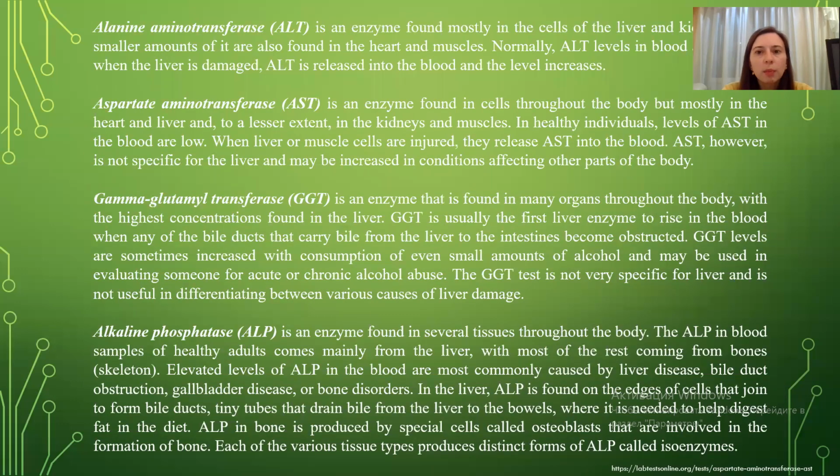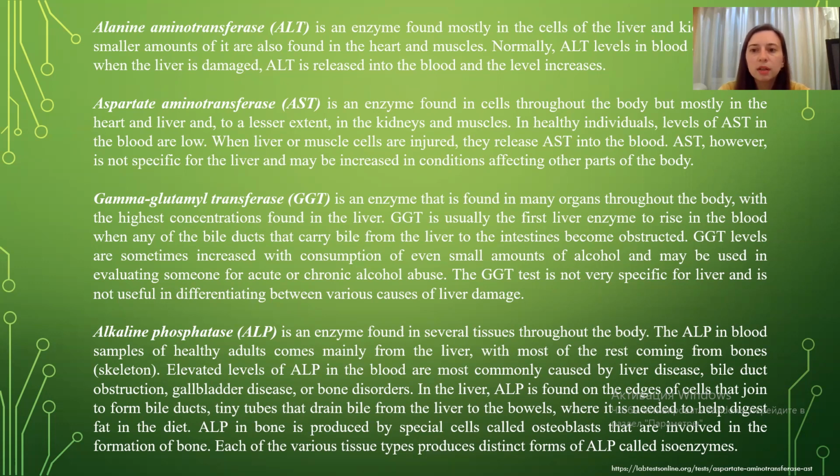So, alanine aminotransferase, ALT, is an enzyme found mostly in the cells of the liver and kidney. Normally, ALT levels in blood are low, but when the liver is damaged, ALT is released into the blood and levels increase. Aspartate aminotransferase, AST, is an enzyme found in cells throughout the body, but mostly in the heart and liver, and to a lesser extent in the kidney and muscles.